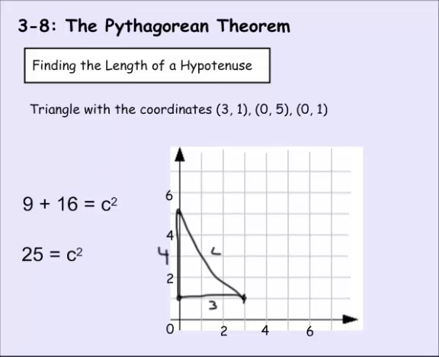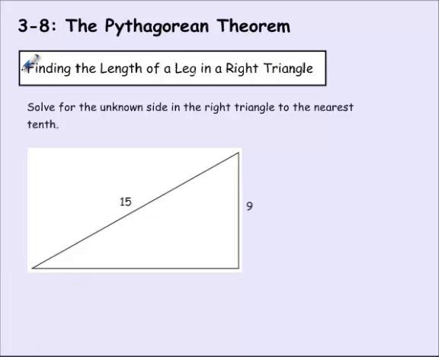If we square root both of these sides, then we'd have c over here, because the square root of c squared is c, and the square root of 25 would be 5. So 5 would equal c, and that would come out to be a true statement.